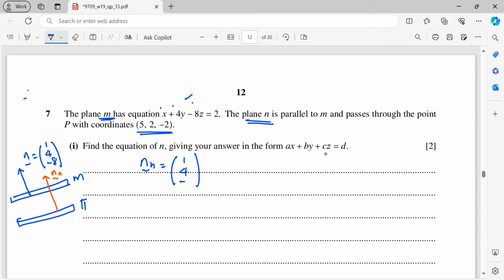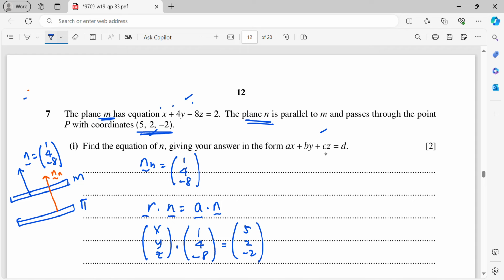Now to get the equation of the plane N, I will use r dot n equals a dot n. This is the vector equation. But to get the Cartesian form, change r into x, y, z. Then n will be 1, 4, minus 8, and a is the point on the plane, 5, 2, minus 2, dotted with 1, 4, minus 8.